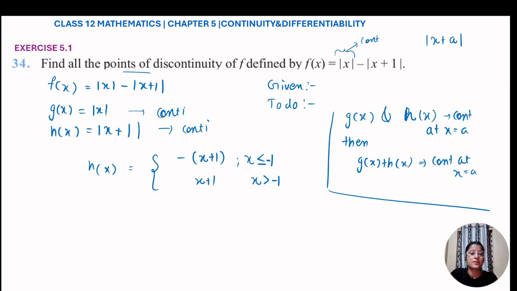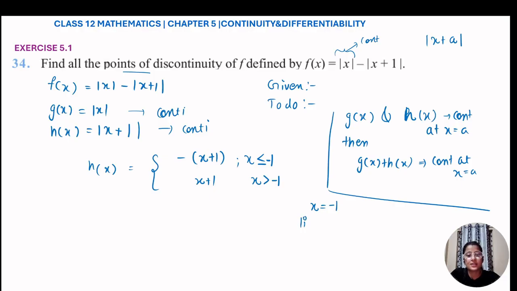Now, for x strictly less than minus 1, the function is a polynomial, which is continuous. You can also solve it using the limit definition: find its limit and its function value, and both will be the same. Similarly, for x greater than minus 1, the function is again a polynomial, so it is also continuous. The non-trivial part is always where the function is splitting, that is, for x equals minus 1.